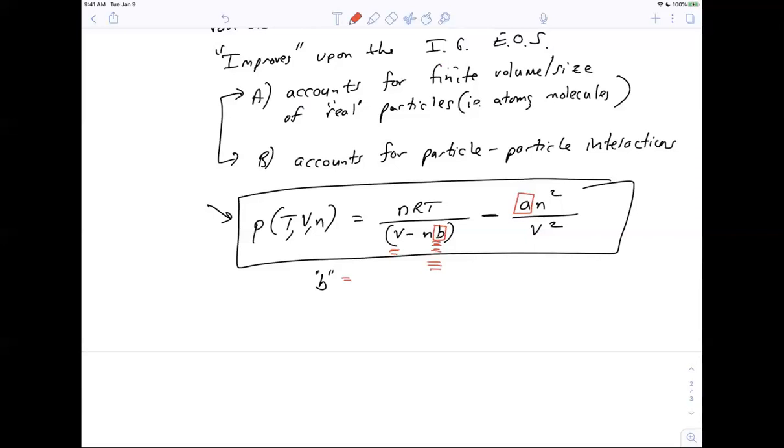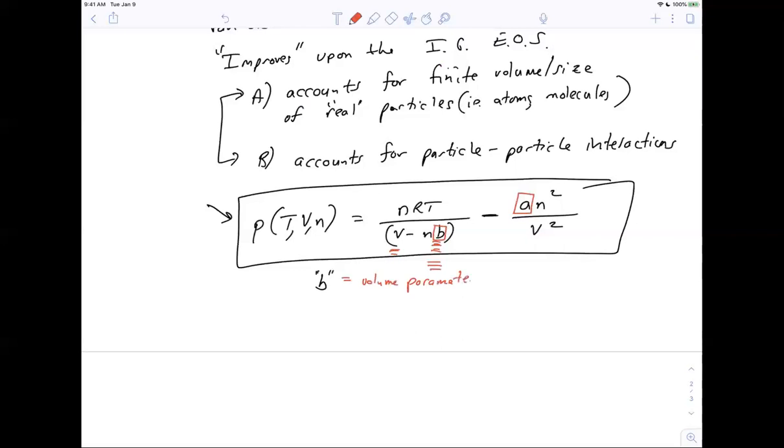Then you subtract out the number of moles times this B parameter, which effectively gives you the volume per particle, and you can convert particles to moles by Avogadro's number. It's a very simple conversion. You see here that the van der Waals equation of state is effectively accounting for the finite size that particles take up in this container volume. So B is a volume parameter.